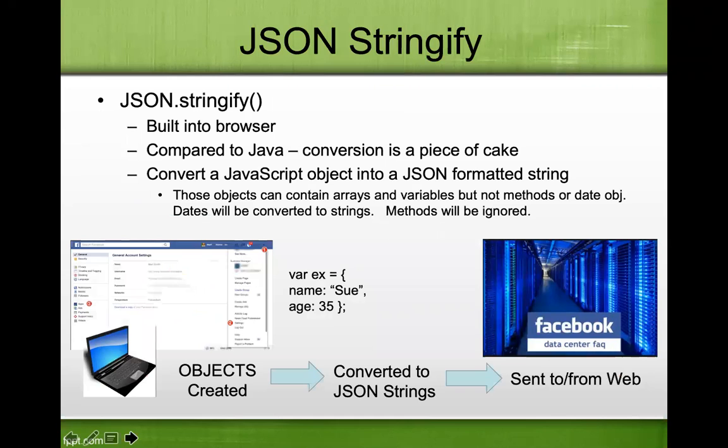JSON.stringify, let's just talk about that really fast. It's a function built into your browser. I just want to say, compared to Java, converting an object to a string is a piece of cake. Why? Because when we worked with Java in the previous class recently, you had to use something like Jackson or some other type of package.